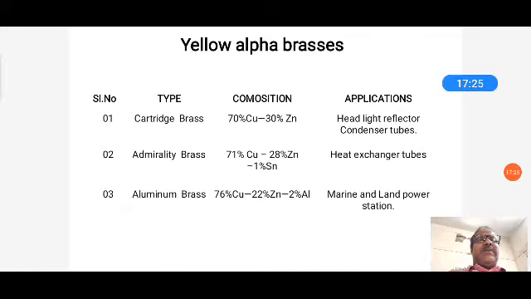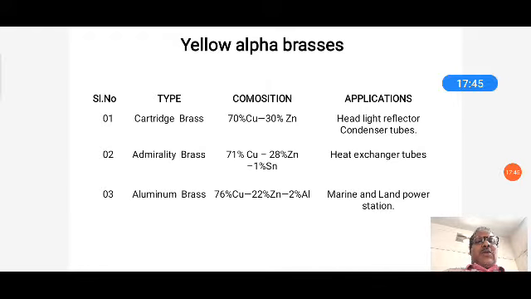Cartridge brass, 70% copper, 30% zinc, is known as yellow alpha brass in one variety. It is used in headlight reflectors, and condenser tubes are manufactured with cartridge brass.